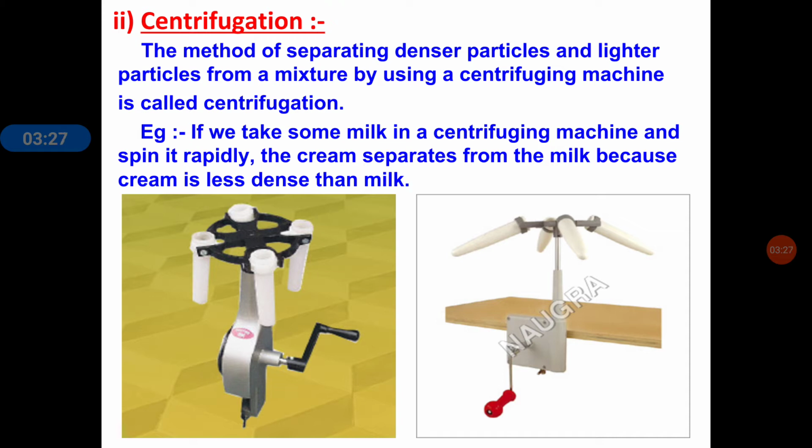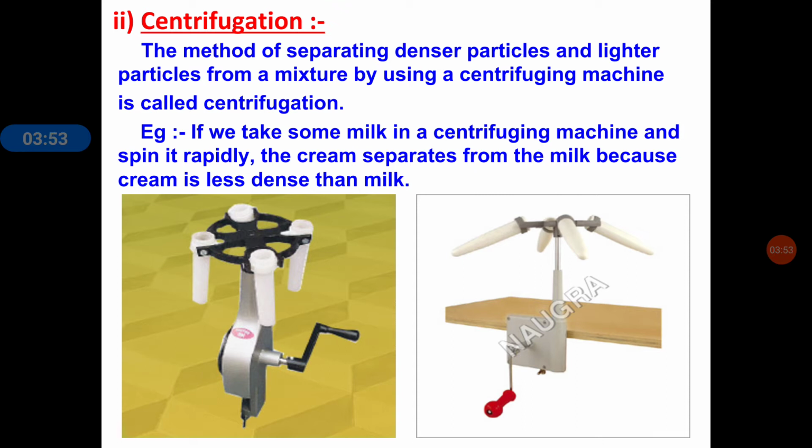You might have seen at home the mixer grinder. Your mother separates the butter from the cream with the help of this mixer grinder. The mixer grinder is also an example of a centrifugation machine. You might have seen that the cream floats over the butter, and that cream gets separated from the butter.